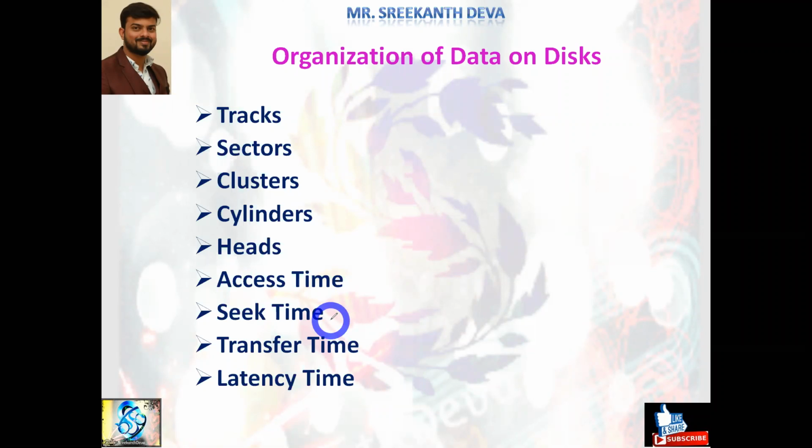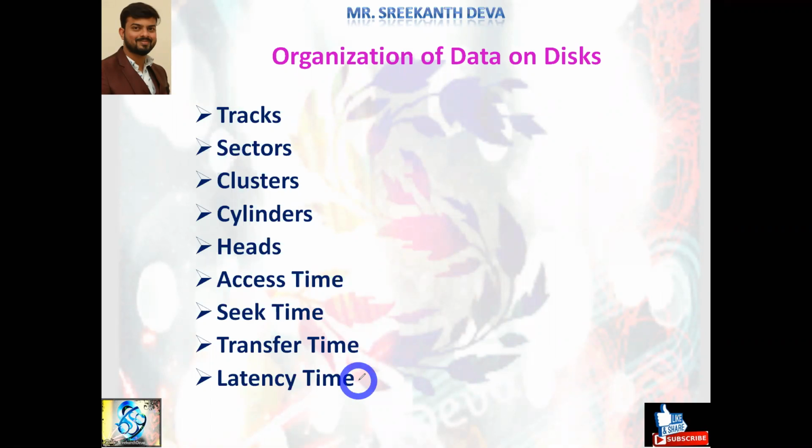In electromechanical devices such as disks and tapes, the access time consists of the seek time required to position the read write head to a location. Next, transfer time. It is the time required for transferring the data to or from a particular device. The seek time is usually much longer than the transfer time.